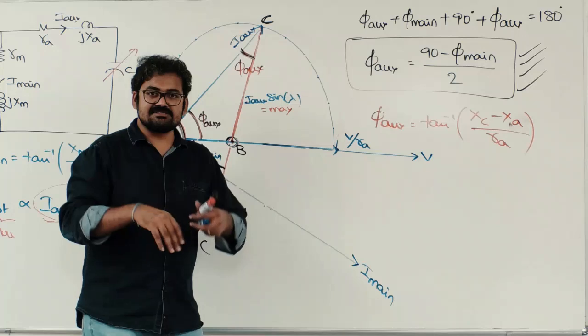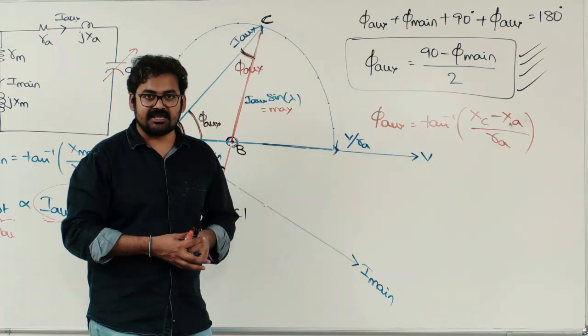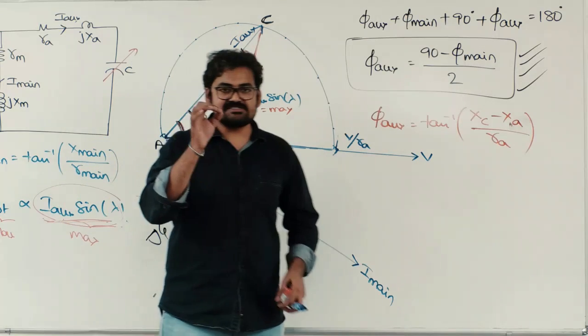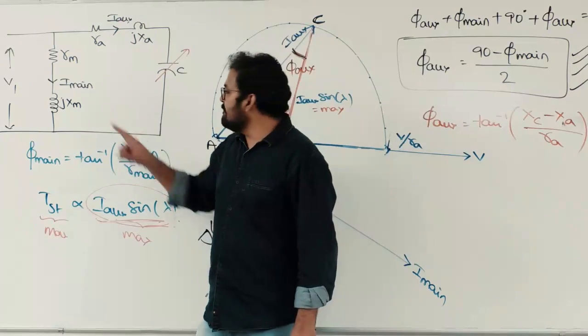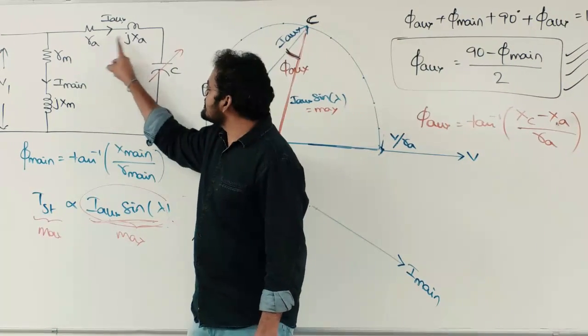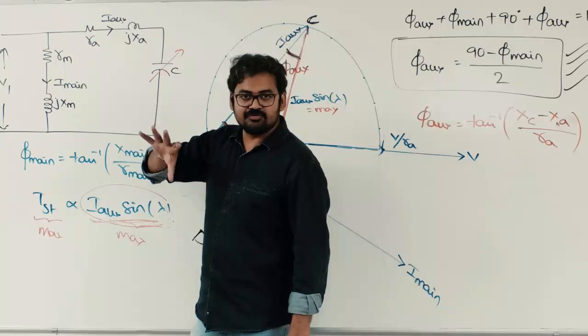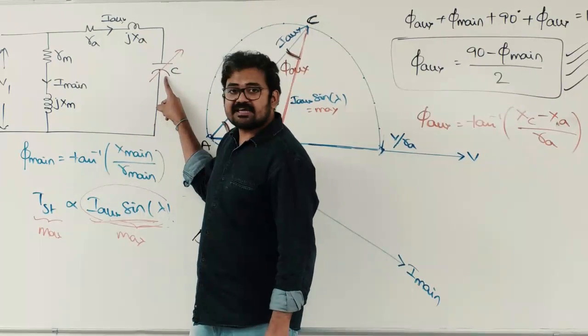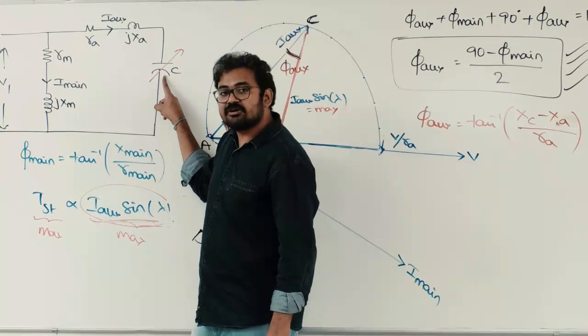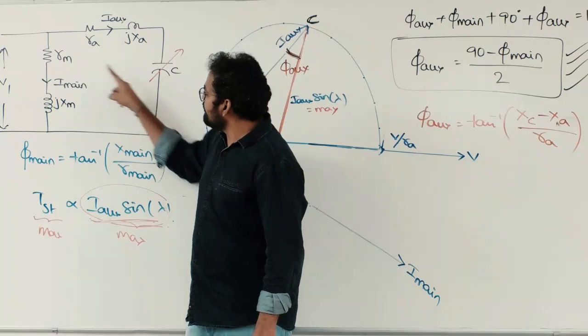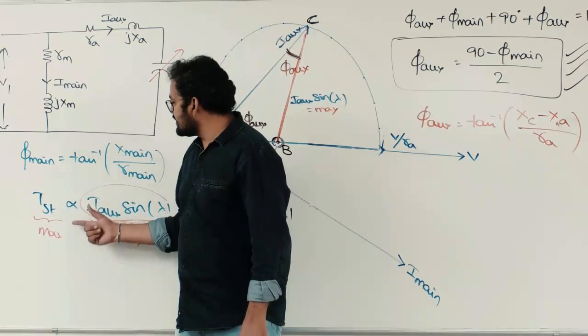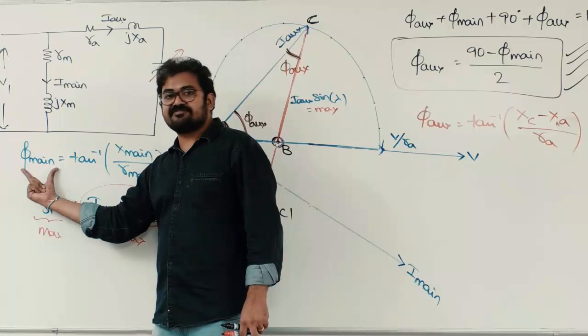Okay. Now let us see how to perform the mathematical calculations. Always, in the given question, main winding branch parameters and auxiliary branch parameters they will give you. They will ask you what is the capacitor at which maximum starting torque will be created. From the main winding branch parameters, our first calculation is the phi main value.